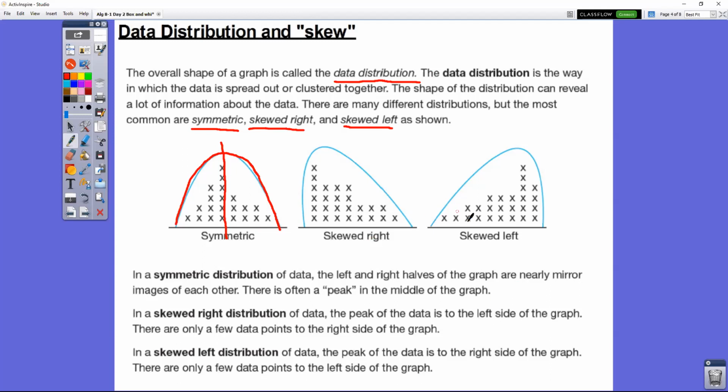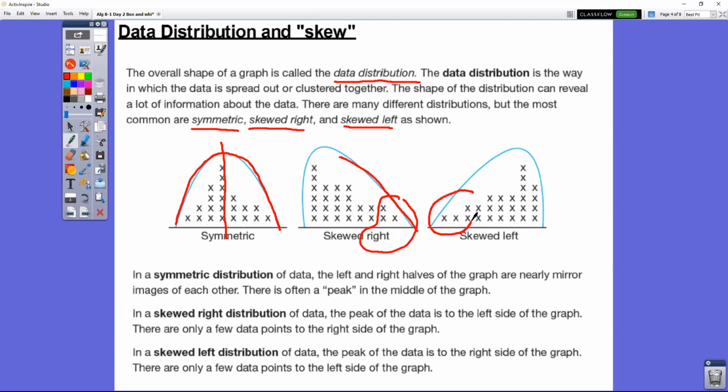Now, skew right and skew left. There are data points that are stretching out your data. So skewed right, the bottom of the hill is over to the right. This bottom part is longer than the upper part, all right, because it's being stretched to the right.